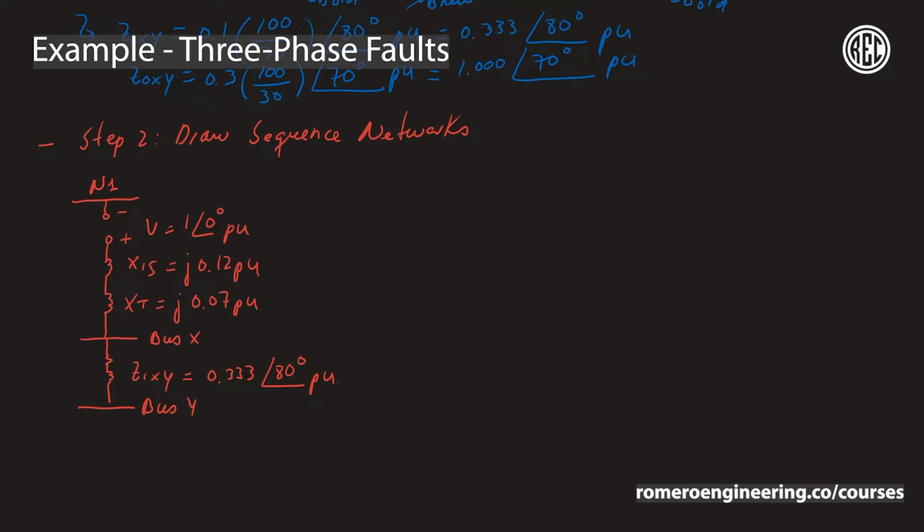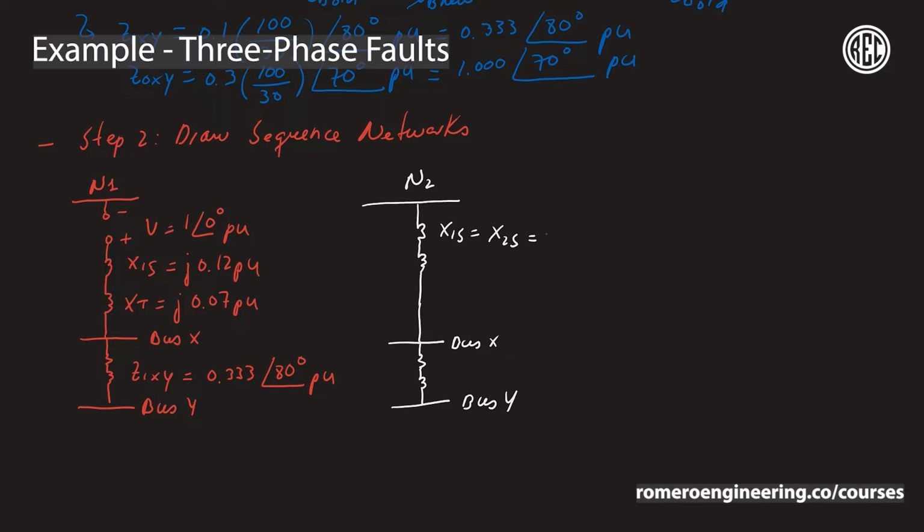Now the negative sequence network, and let me actually switch colors so that we don't confuse them. So we're going to have for the negative sequence network the neutral over here and the same impedances. So we have the source, transformer, we have the bus again here, and then the feeder over here. So this again is bus X, this is bus Y, and then this over here is X1S, which is again equal to X2S. So the positive and the negative sequence source impedances are the same.